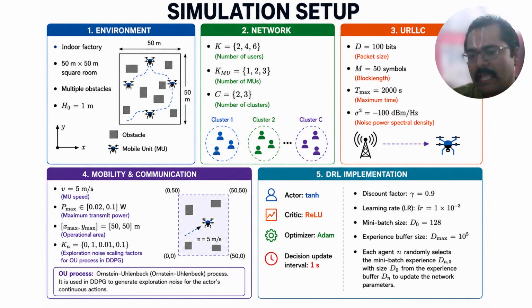How are these values defined? These are hyperparameters, and hyperparameter values are defined by trial and error, with hours, days, even months of simulations. If you use these values, they are optimized values for DRL implementation.